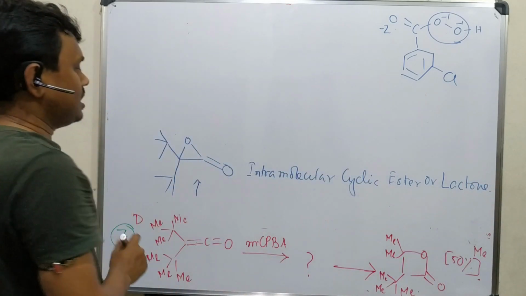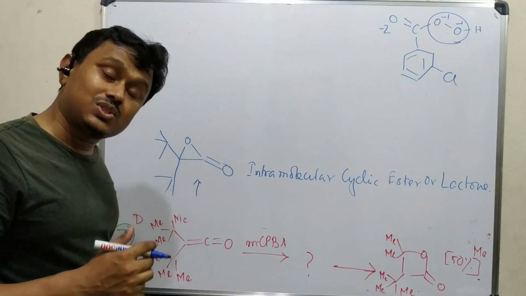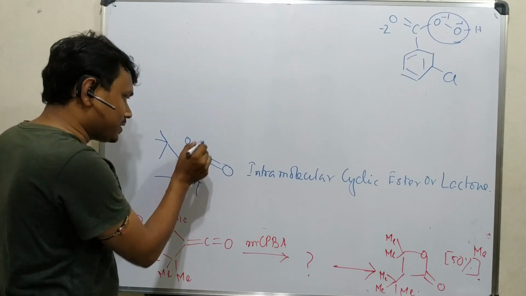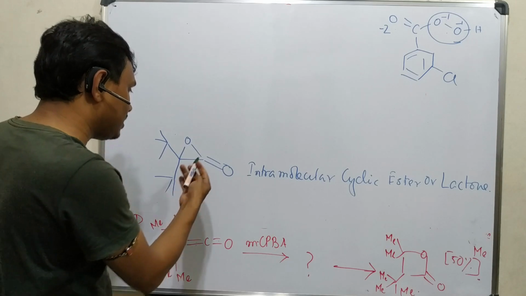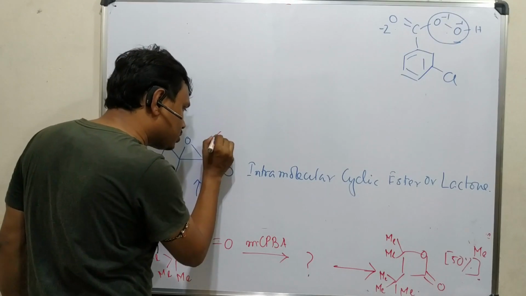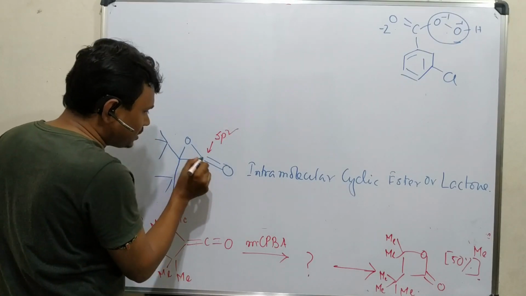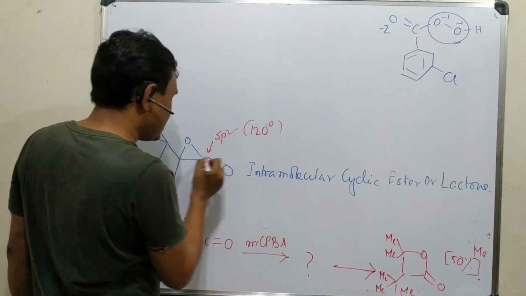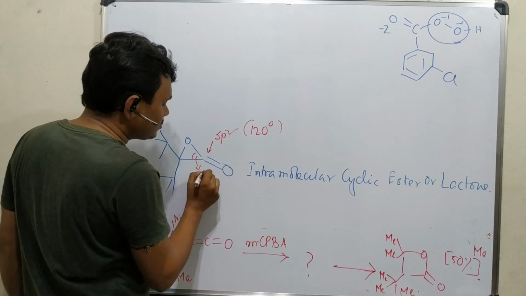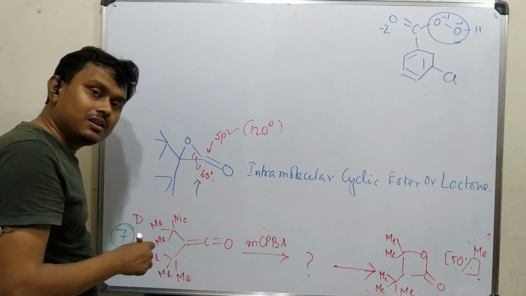Fine. But this is not that stable, because first, it's a 3-member ring, and second, one member of this 3-member ring is an sp2 carbon. We know sp2 carbon prefers a 120-degree angle, but here it is around 60 degree, so it is not stable, it is strained. So what happens?